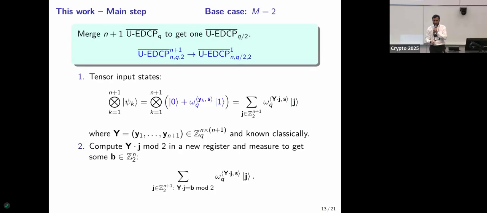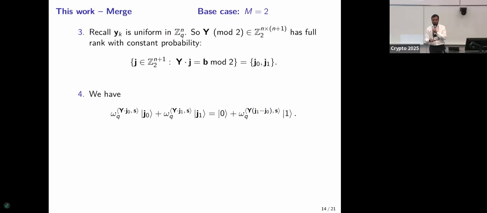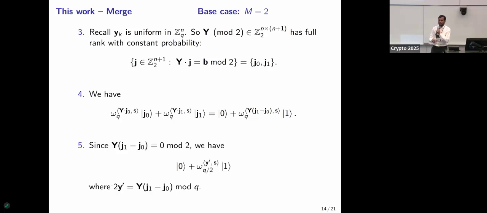So this state in step 2 is exactly of this form, where we have J0 and J1, which are the solutions of this system of linear equations. And once we have this form, we can take out the global phase and, just rewriting the basis, we get a quantum state which is very similar to the EDCP state with which we started. And there is another thing: since J0 and J1 are the solutions of this linear system, Y times (J1 minus J0) is E1.